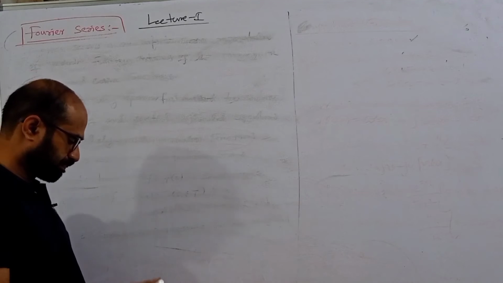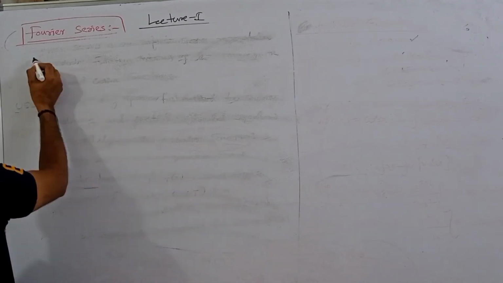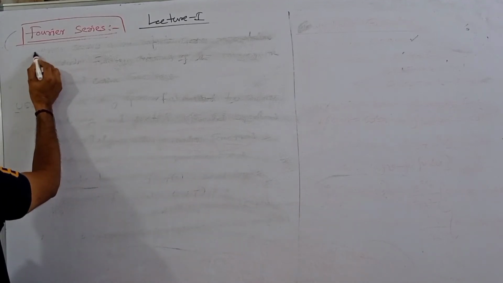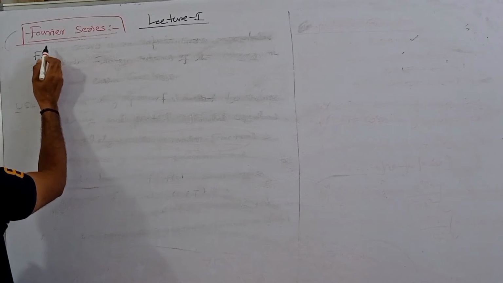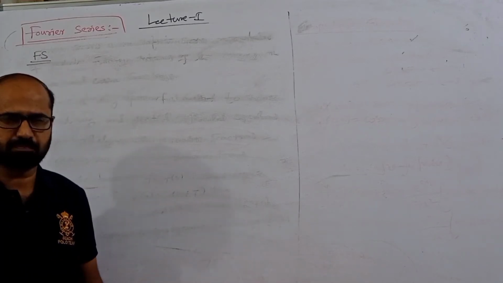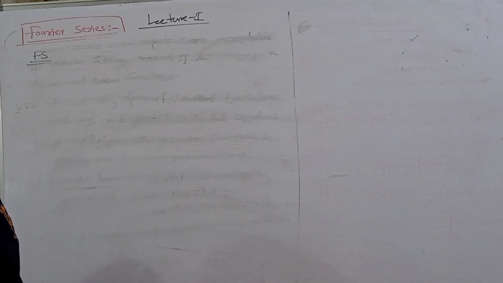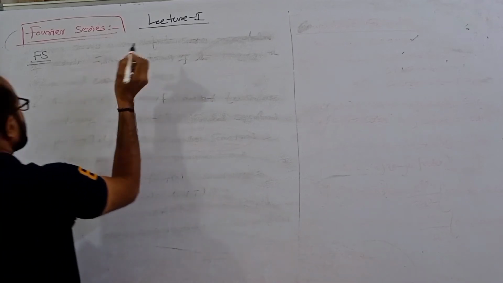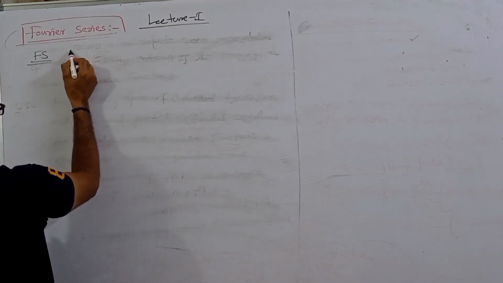Now see here, Fourier series. A Fourier series is a periodic function, you know this, with the interval 2L.